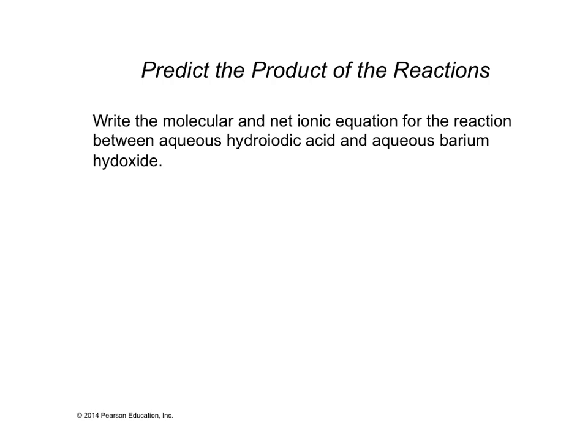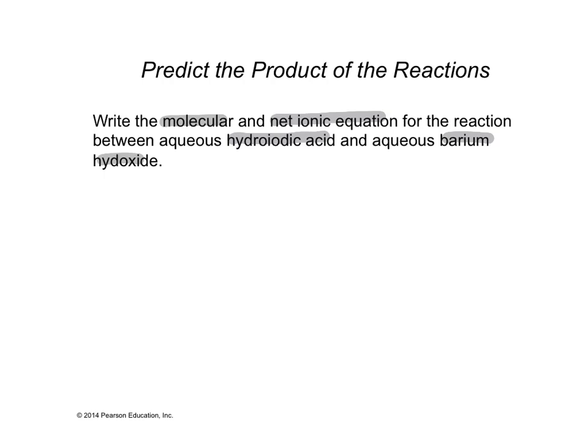Okay, so let's actually go about trying to do one of these types of reactions. Acid-base reactions, that's what we're dealing with here. In this problem, they tell us to write the molecular and the net ionic equation for a reaction that occurs between hydroiodic acid and barium hydroxide. The first step in this type of problem is to correctly identify the chemical formula given the names of the chemicals.